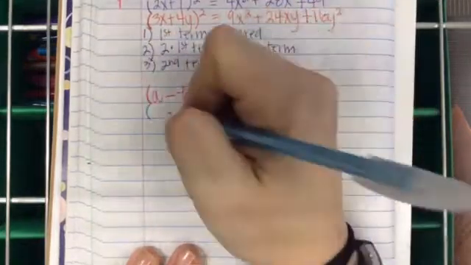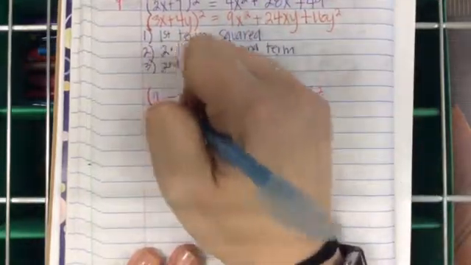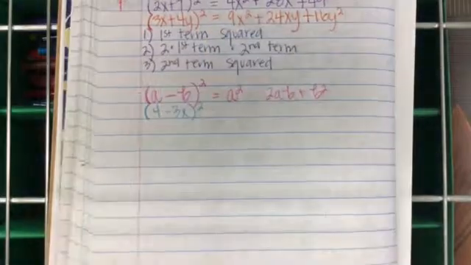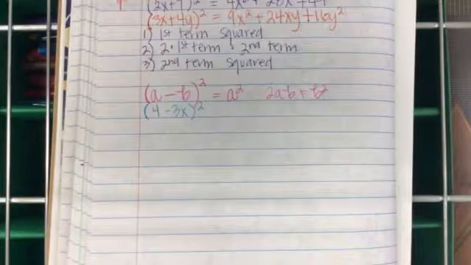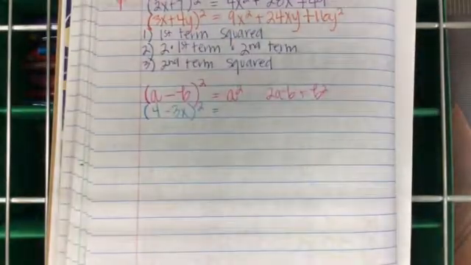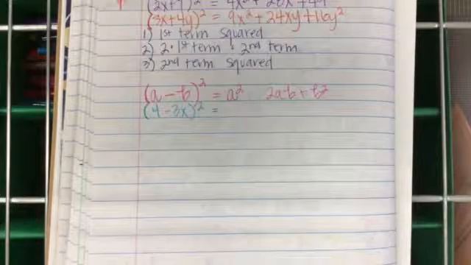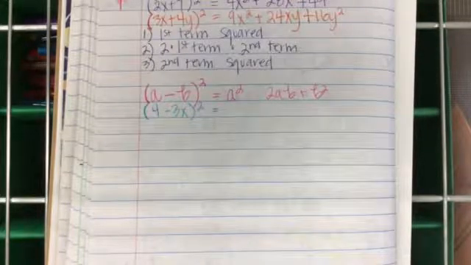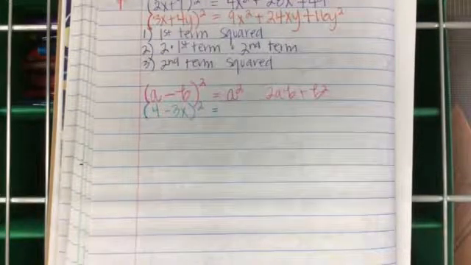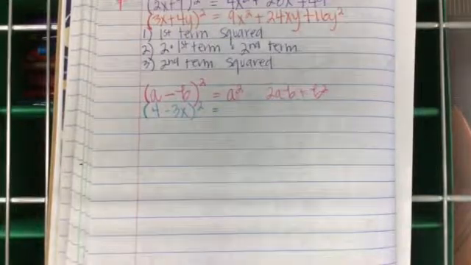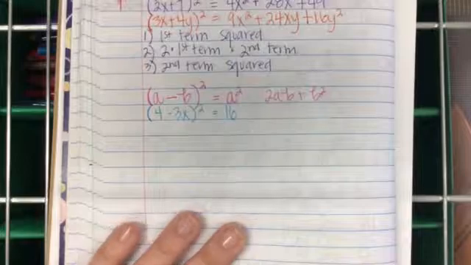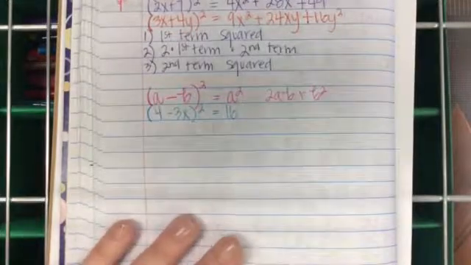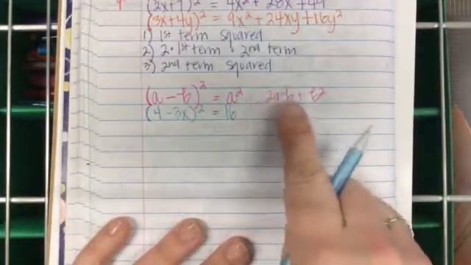So let's try this problem. 4 minus 3x squared. What's a? 4. So 4 times 4 is 16. First term squared. Now I do 2 times a times b.